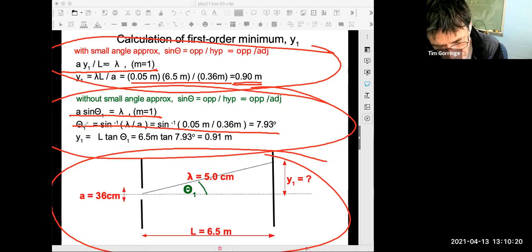I then rearranged that to find theta. So I took the a and divided both sides by a. I took the inverse sine of the left-hand side and the right-hand side. I get this little equation here, and I plugged in the wavelength 5 centimeters, the slit width, the 36 centimeters, and I get this angle here, 7.393 degrees. Now that's this angle in this triangle.